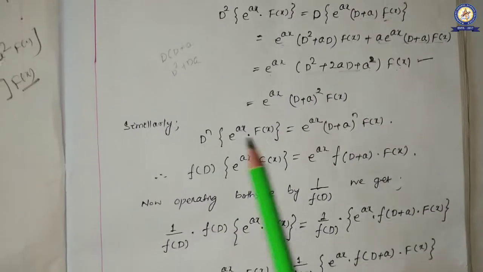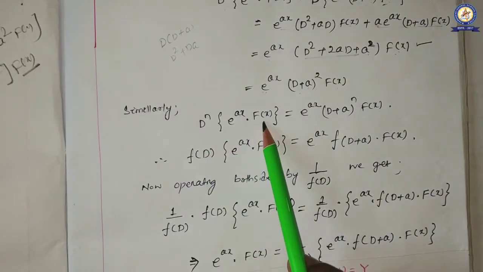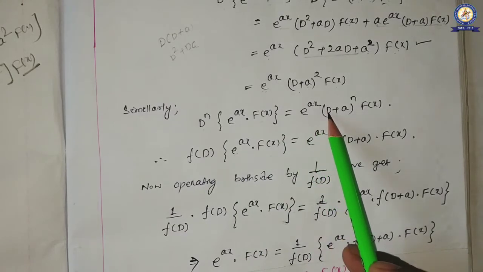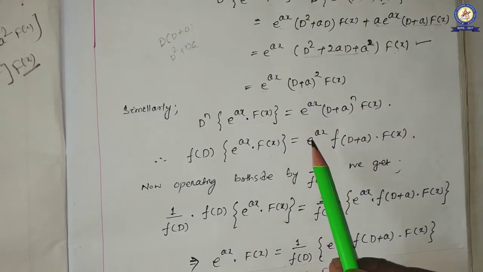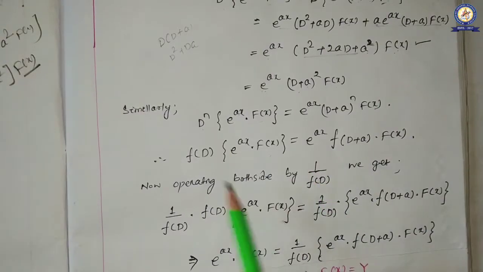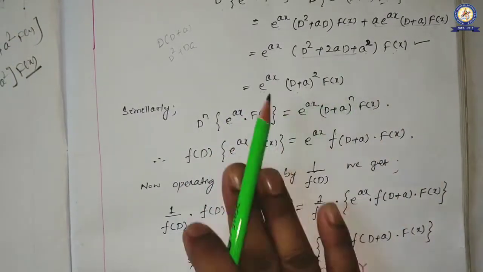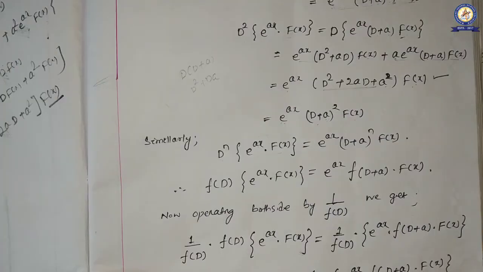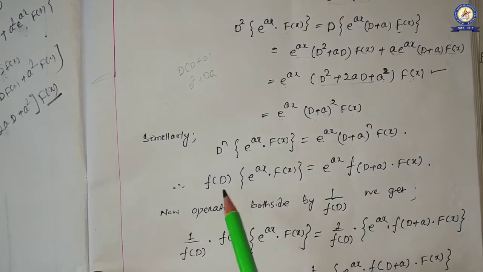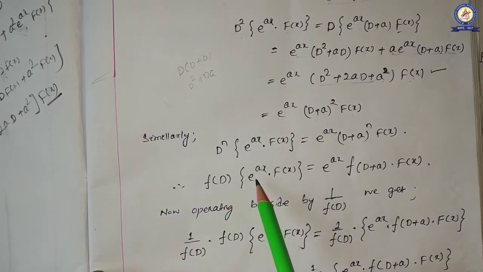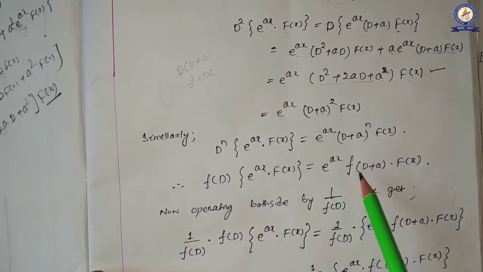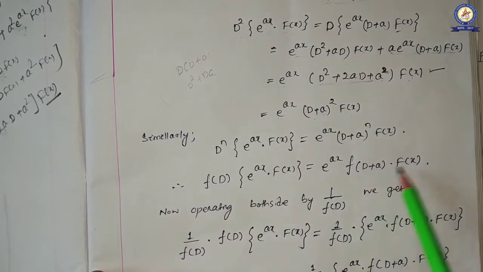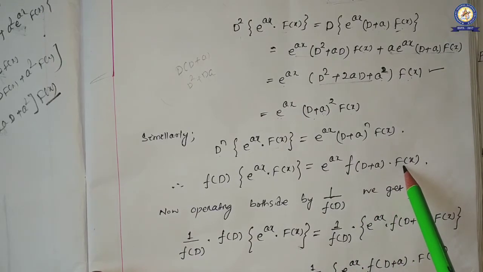So obviously the nth derivative of this one will be e^(ax) (D plus a)^n f(x), right? Therefore f(D) e^(ax) f(x) will be equal to e^(ax) f(D plus a) capital F(x).